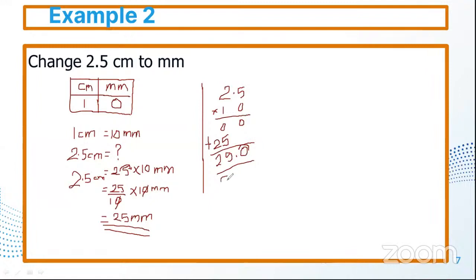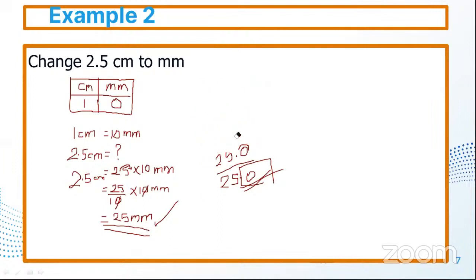So your answer becomes 25.0. If you have 0 on the side of the decimal number, you can ignore that 0. There you remain with only 25. So that is how you can change a decimal number into millimeters.